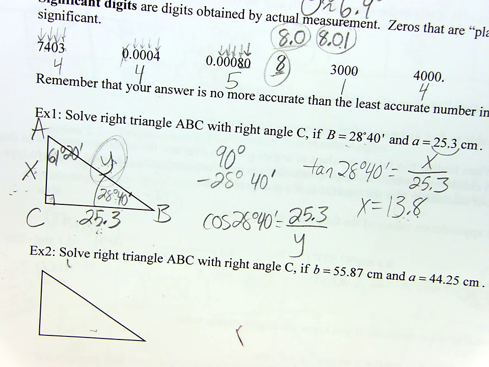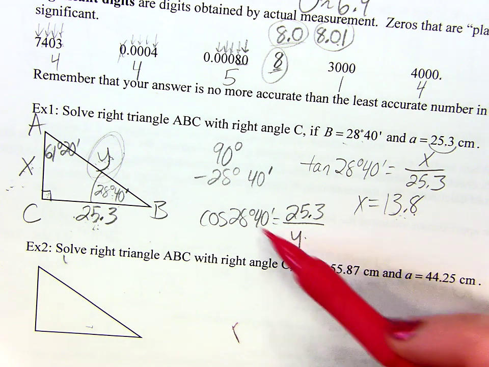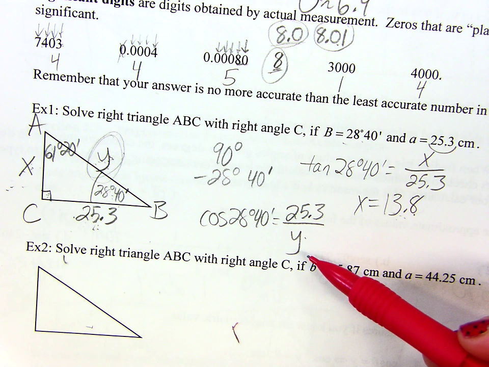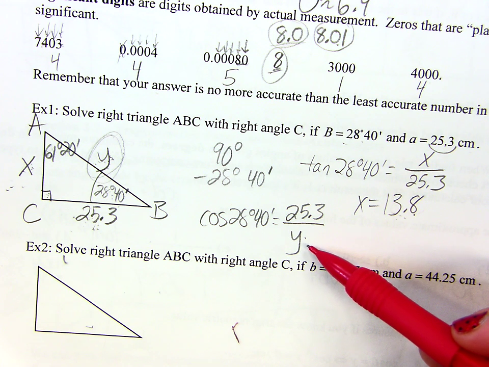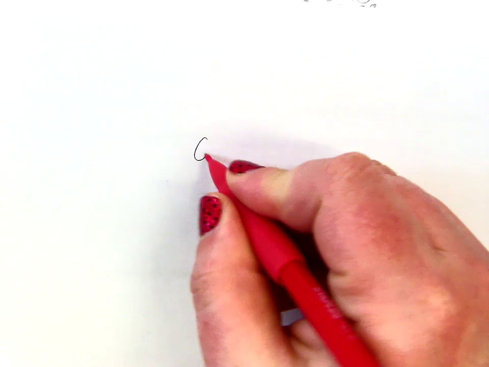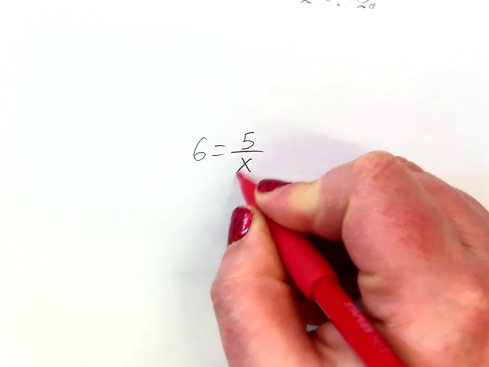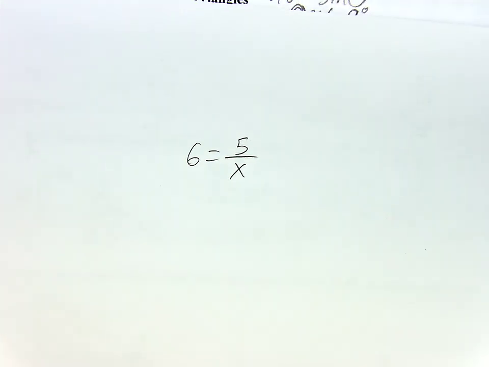What do you do when the variable's in the denominator, by the way? How will I actually solve this? Let's try just for a minute. We'll come back to this in a second, but let's just do a simpler one. What if I had like 6 equals 5 over x, and I wanted to solve for x?